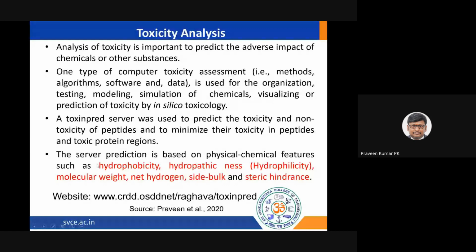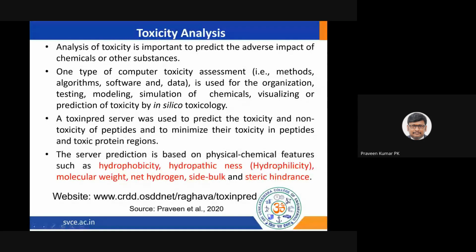So what physicochemical properties do we majorly take for calculating the toxicity? We use hydrophobicity, hydropathicness, also called hydrophilicity, molecular weight, net hydrogen donors and acceptors both, and then side bulk and steric hindrance.